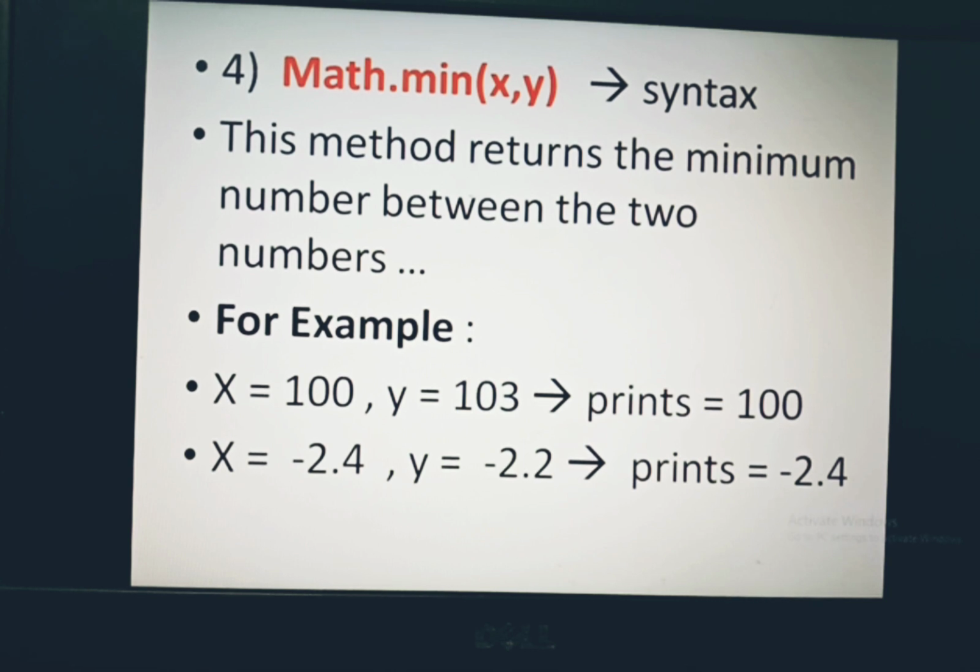For example, the value of x is 100 and the value of y is 103. The minimum of the two numbers is 100, so it will print 100. And if the value of x is minus 2.4 and the value of y is minus 2.2, then it will print minus 2.4, which is the minimum of the two numbers. Here you have to give two numeric expressions in x and y, and it will tell you which is the minimum number between the two.